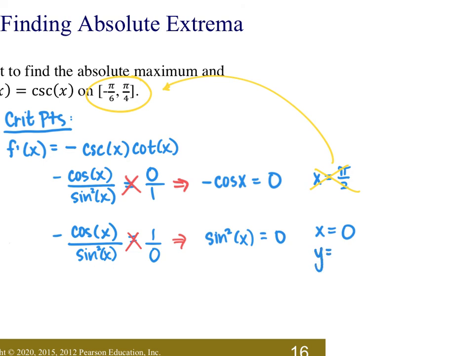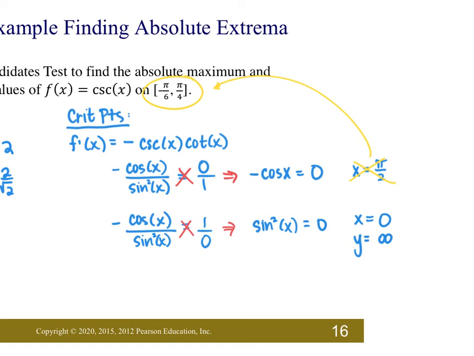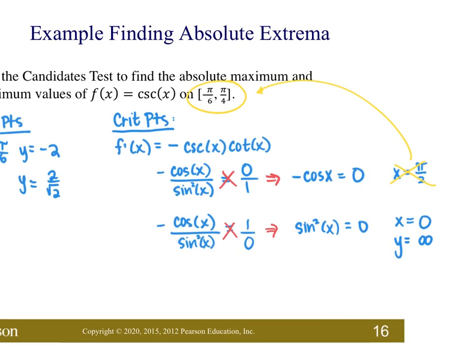The y value for this is infinity. Now this should be a little bit alarming to you, that we get infinity when we plug 0 back into that. So we have to think back to the original equation.